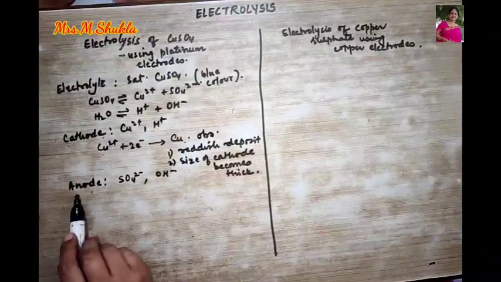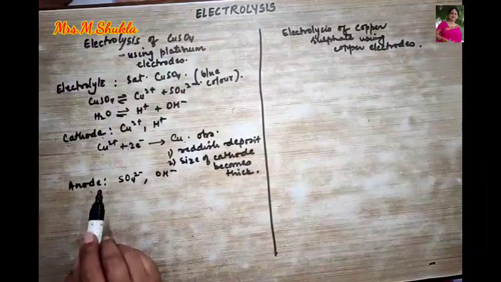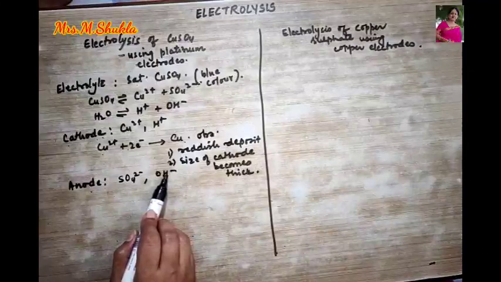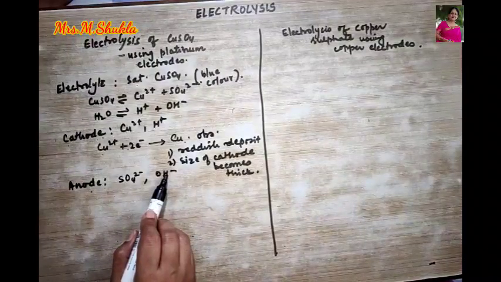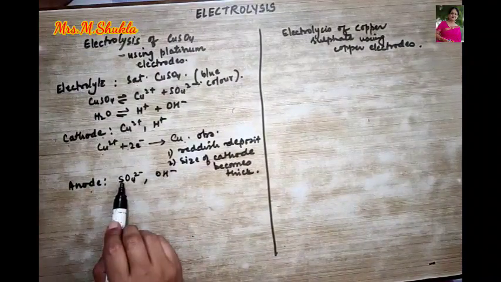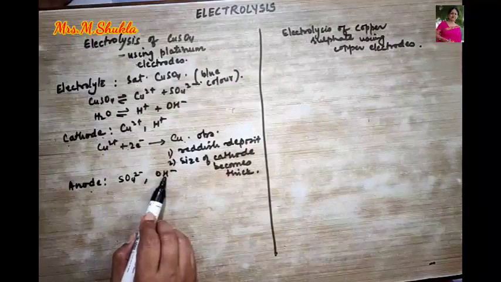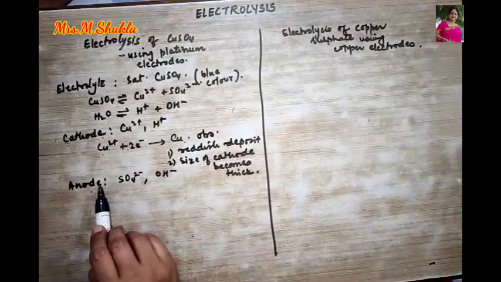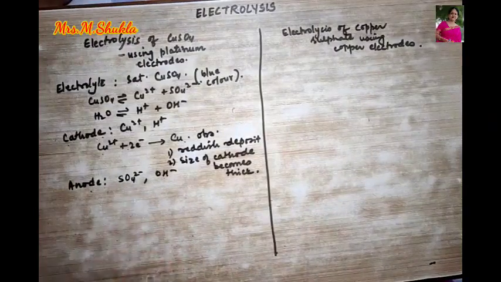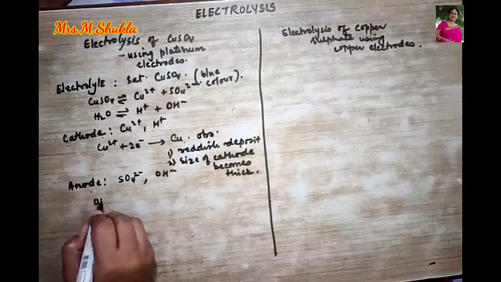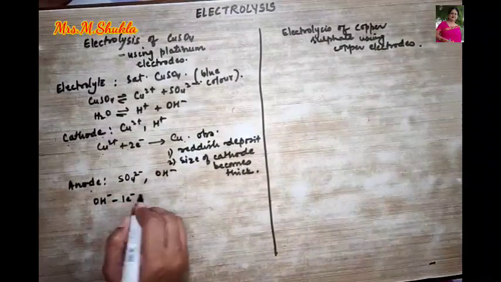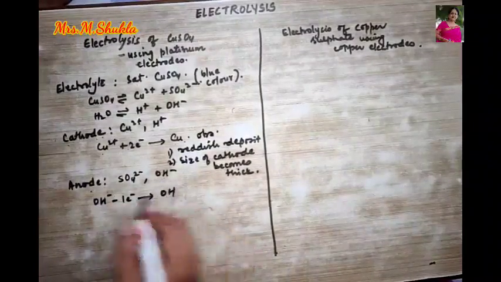Now let's look at anode. What happens at anode? Sulfate ions and hydroxyl ions migrate to the anode. So over here, who is going to get the preference? OH- is going to get the preference, because this is lower in the electrochemical series as compared to sulfate. So here OH- is going to lose 1 electron and form OH.